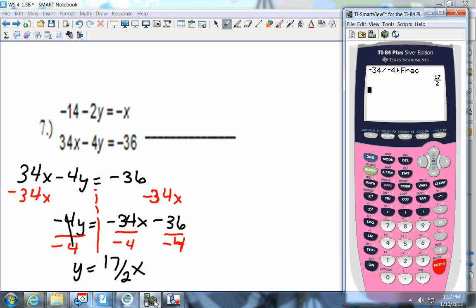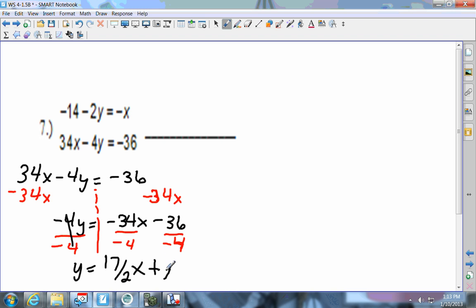And then I've got negative 36 divided by negative 4. If you didn't know what it was, you could go math, enter, enter, and it'll tell you that it's 9. So I get a positive 9. There's one of my equations right here.